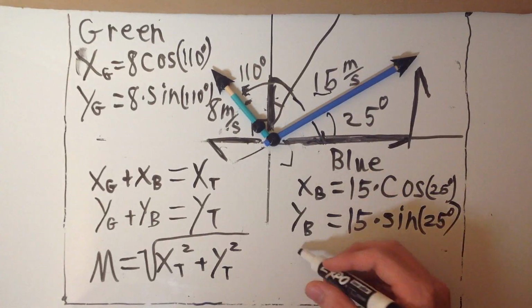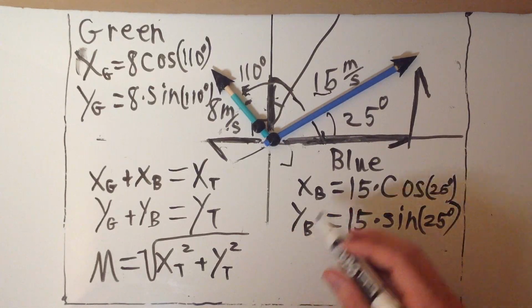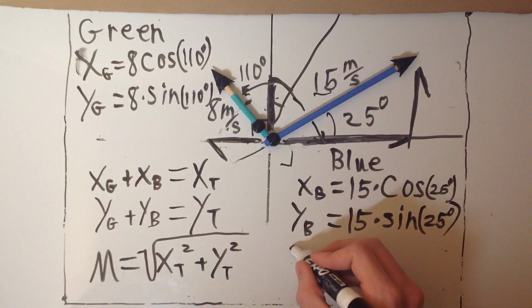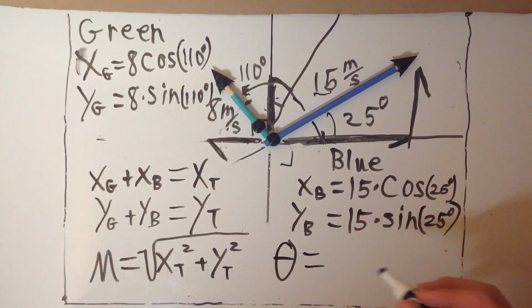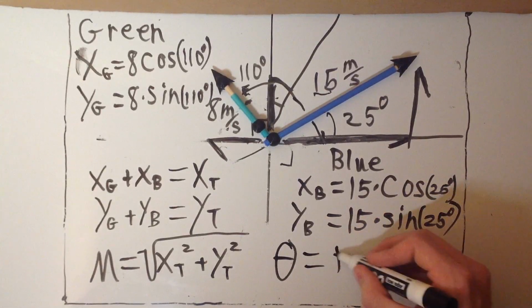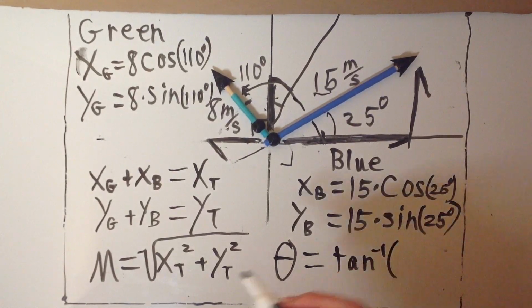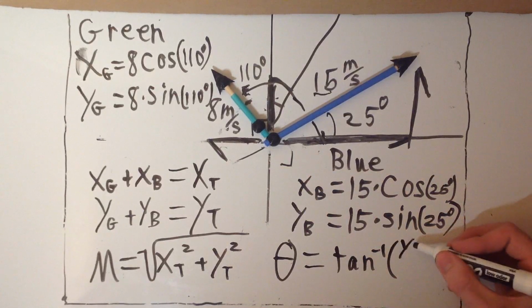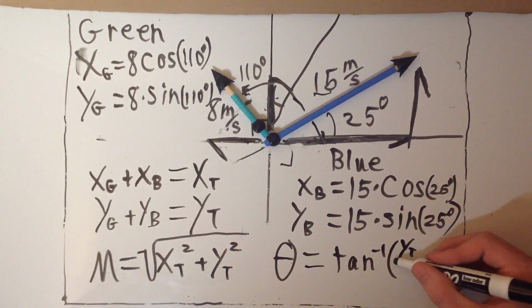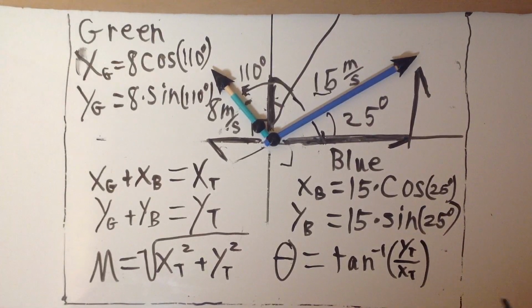And now for our angle, for those of you in Greek, we'll use theta. That's a common Greek letter used to denote this. So our theta is going to equal tangent inverse of y over x, so your y total over your x total, and that will give you some angle.